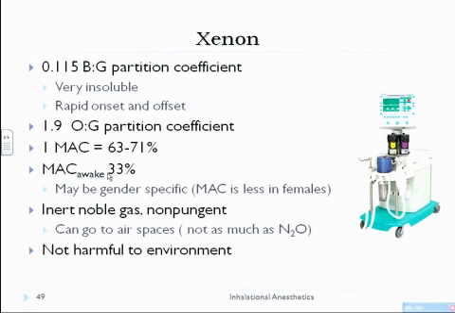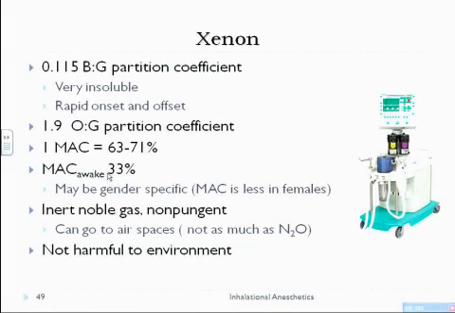This is a picture of the xenon anesthesia machine. It's very different than the other machines because it's a much tighter system. You're able to go to low flow systems in this machine, very, very low flows, which saves you a lot of money on the xenon gas. One of the significant issues with xenon is that you've got to pre-oxygenate the patient fully before you start using it.